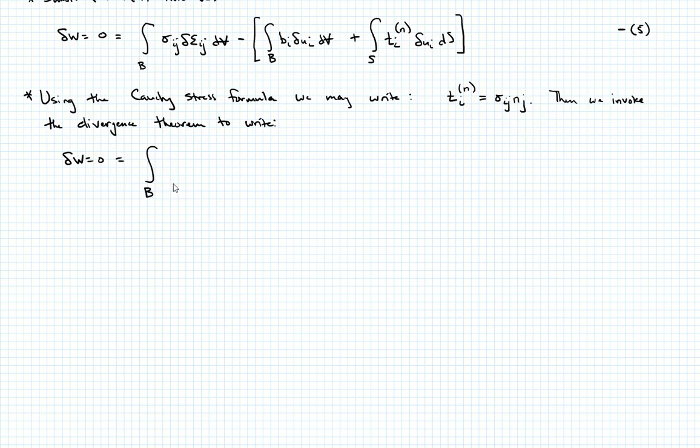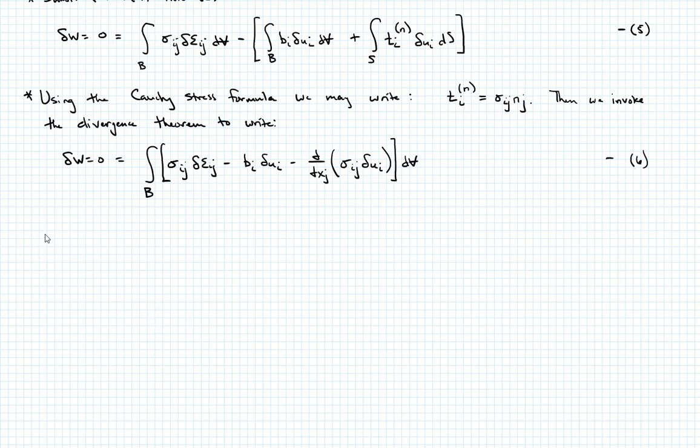So we'll integrate over the body B of sigma ij delta epsilon ij, minus bi delta ui, minus the partial with respect to xj of sigma ij delta ui. That will be integrated over the volume, dV. We'll call that equation 6.